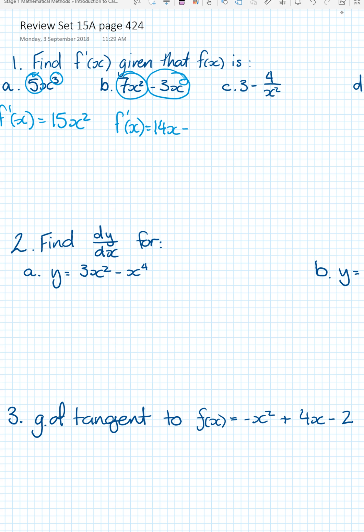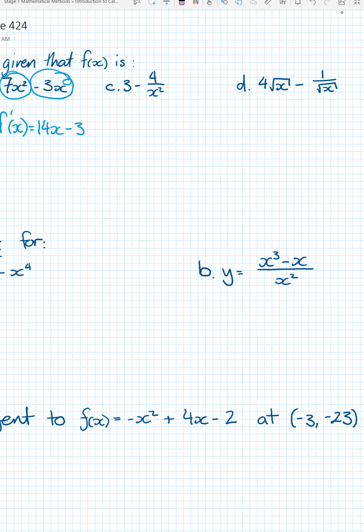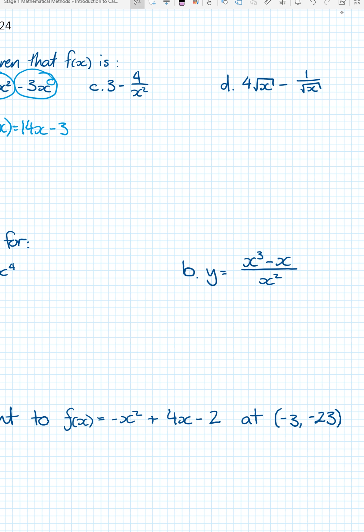So minus 3 times 1, minus 3. Now we reduce the power. 1 take 1 is 0. So x to the power of 0 is 1, so we can leave it blank. 14x minus 3.